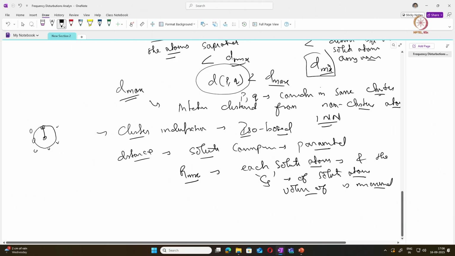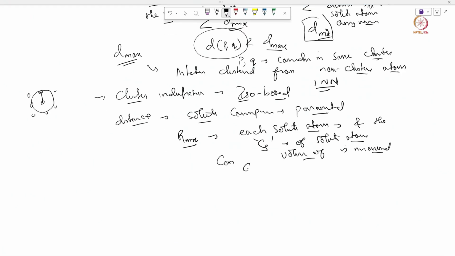If the concentration measured is greater than CS minimum, then the atom is considered as a clustered atom. So this is another method where you can use the solute composition as a parameter to define the cluster.